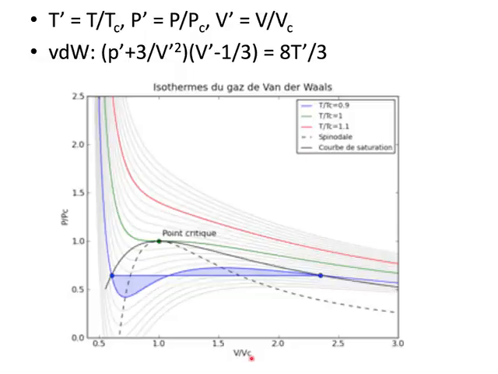So this means that we are using reduced parameters of temperature, which is temperature divided by critical temperature, pressure divided by critical pressure, and volume divided by critical volume. And then the van der Waals equation of state can be reformulated like this.